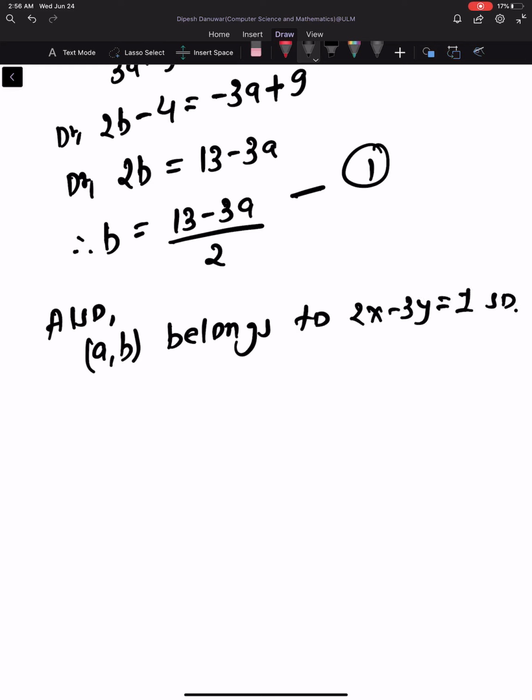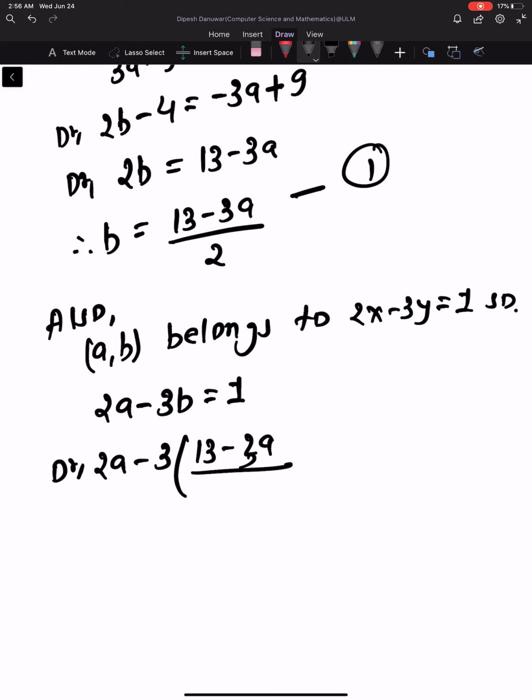That means 2a minus 3b is equal to 1, and from equation 1 you can plug in the value of b. So 2a minus 3 times (13 minus 3a) by 2 is equal to 1.